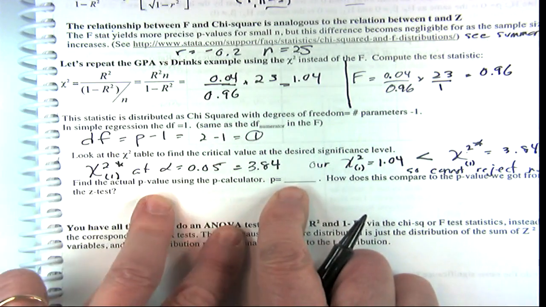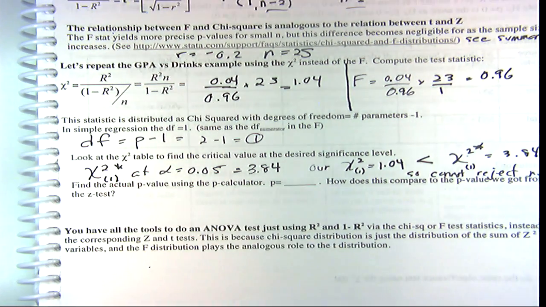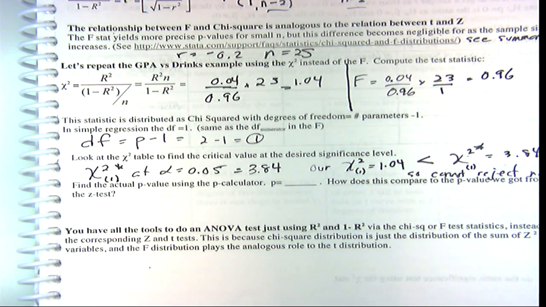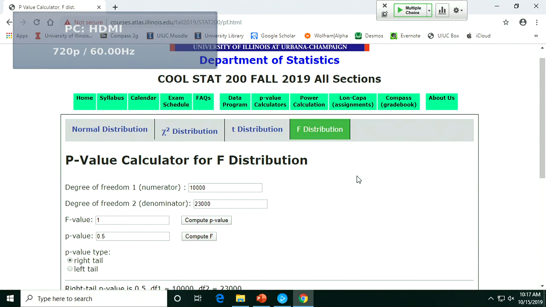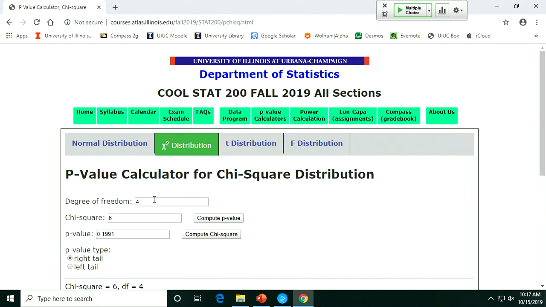Now we can find the actual p-value on the p-value calculator, and I can show you how. We said it's about 30, right? A little more than 30. Let's look. So we'll go to the chi-squared, and we have 1 degree of freedom.